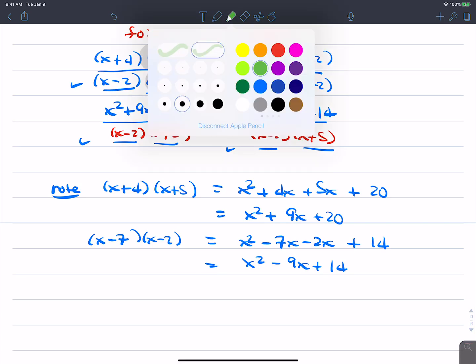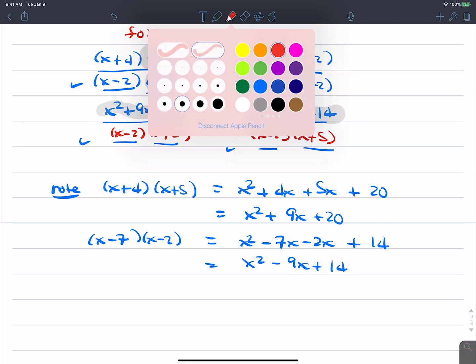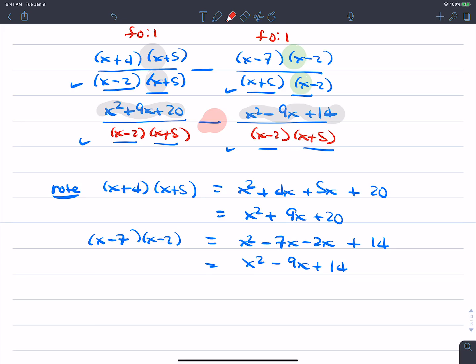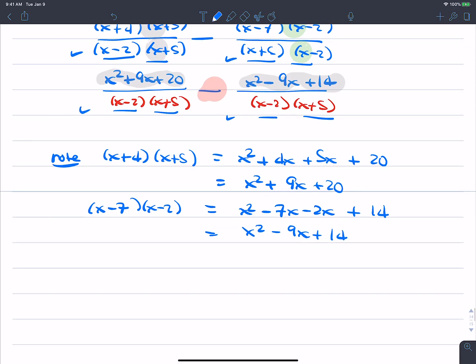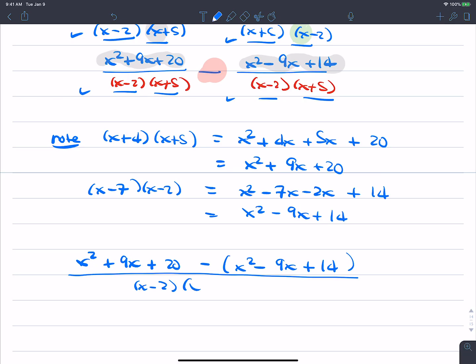So what we do now here is we take the first numerator and the second numerator, and don't forget to subtract them. We're going to subtract. Here's what this is. x squared plus 9x plus 20 minus x squared minus 9x plus 14 is over x minus 2 times x plus 5.